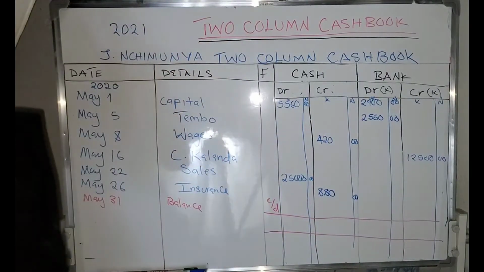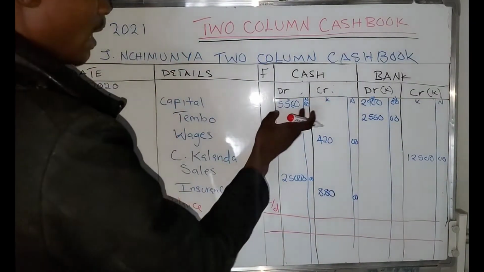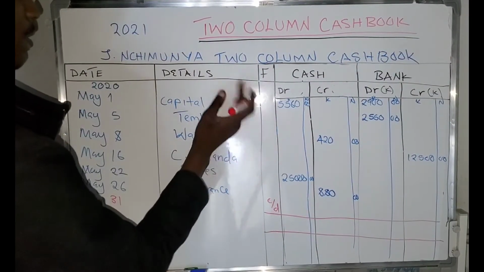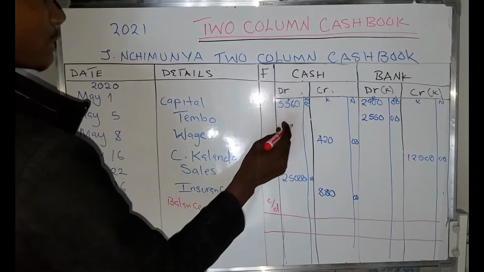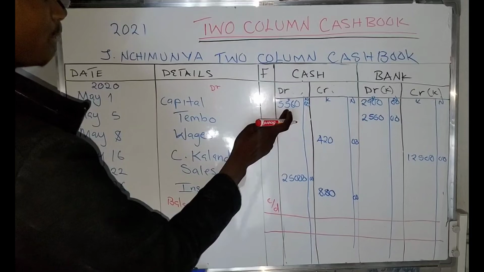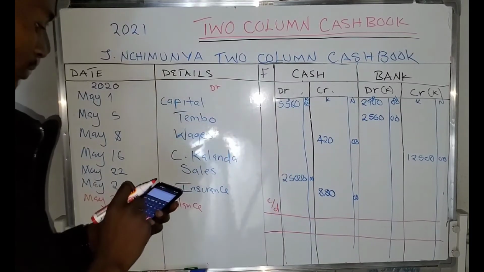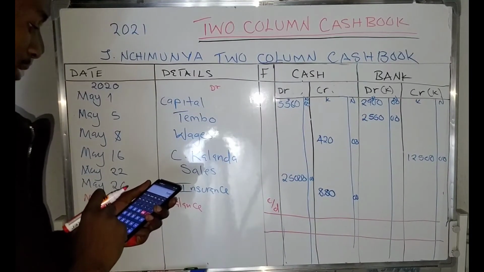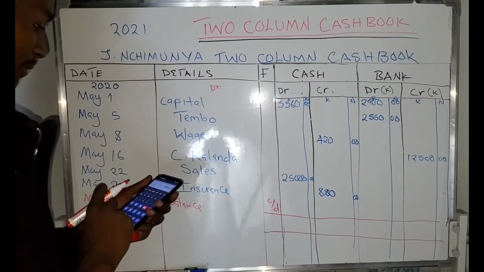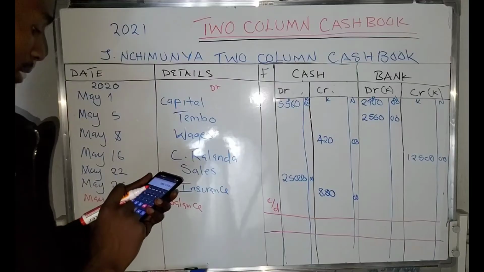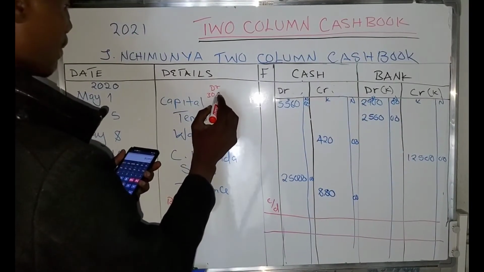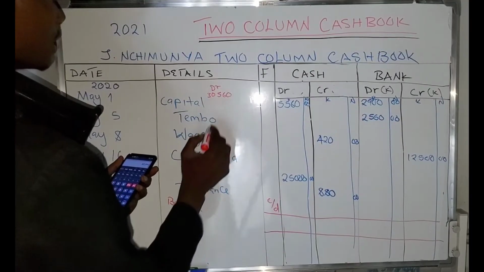So let me show you what we do. You add in the cash account. All right, cash account. Let me solve from here. I'll erase it. So in the cash account debit side, we add this amount plus this amount. So we're going to say 5,560 plus 25,000. Okay, it's giving me 30,560.